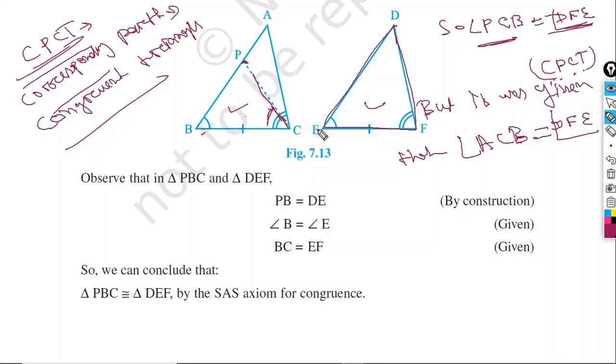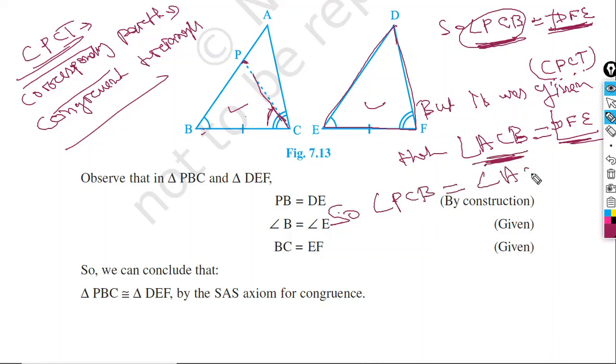Now you see here angle DFE was equal to angle PCB, and here angle DFE is equal to angle ACB. So angle PCB will be equal to angle ACB. Now look at the figure.